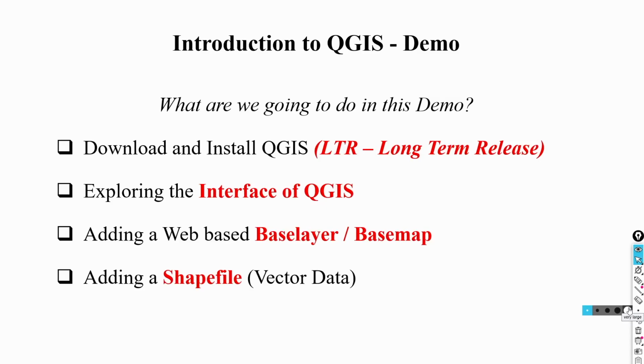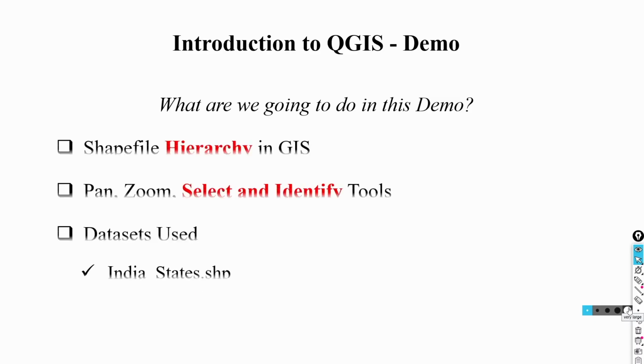We will be doing installation of QGIS, then we will interact with QGIS, bring in a few base maps, and add a single shapefile. I will teach you the hierarchy of this shapefile, and then we will go for a few panning operations and identify operations in QGIS. With that said, we will jump into the software installation part.